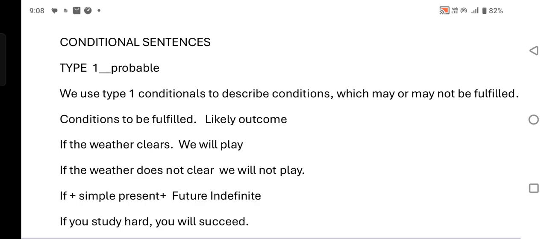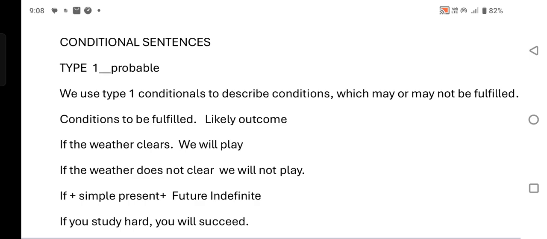Type 1, probable. We use type 1 conditionals to describe conditions which may or may not be fulfilled. Conditions to be fulfilled, likely outcome.